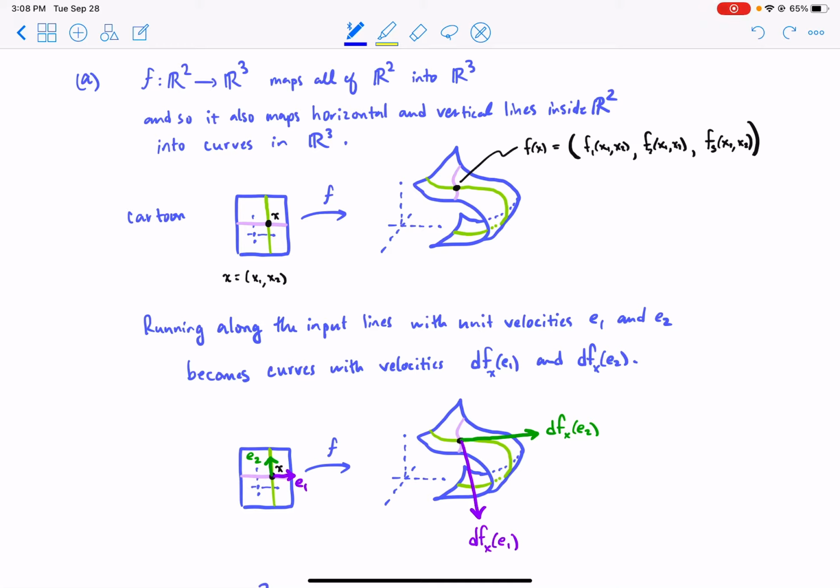This is the derivative of f at the point x. That's a linear map. We're going to apply that linear map to this E1 vector, and what we get is a vector in R3, this purple vector.